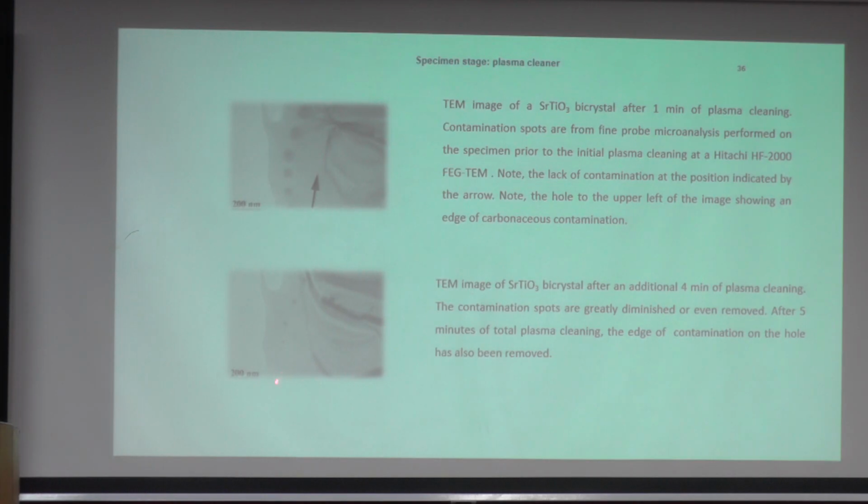Then you can remove them from the surface of your specimen. Sometimes you can also see the formation of contaminations on your TEM specimen, because you have some residual gases in the TEM, and because of electron beam and surface gas interactions, you can produce contaminations on your specimen surface. By using plasma cleaning, you can effectively remove them.